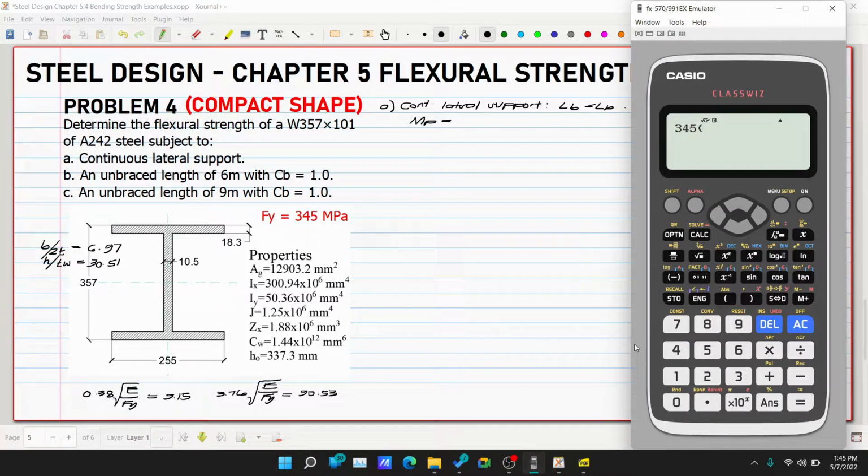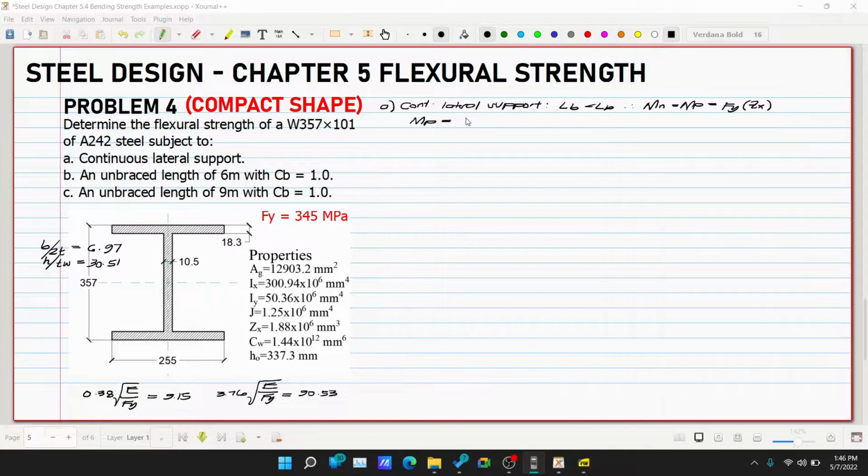Our Zx is 1.88 times 10 raised to 6, divided by 1,000 squared to get kilonewton meter. So, 648.6. This is in kilonewton meter.